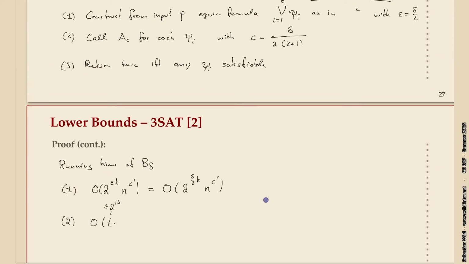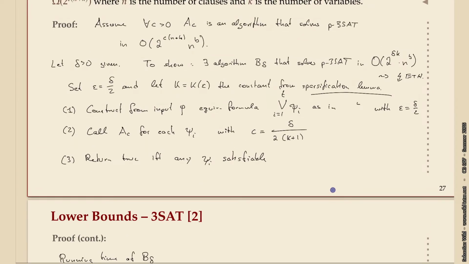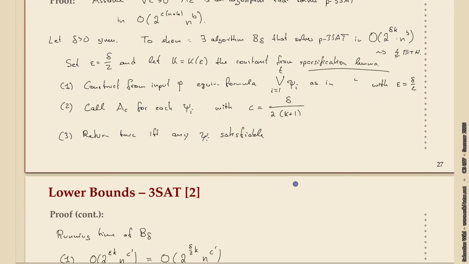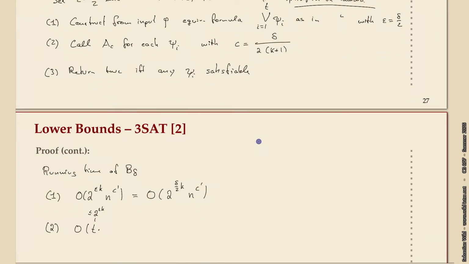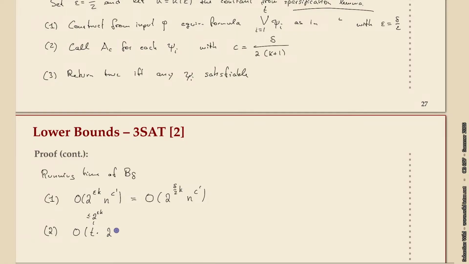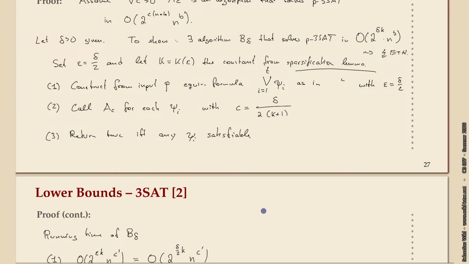And the time for each call on psi i is the time for A_c. That was by assumption this lovely term: 2 to the c times n plus k, and then a polynomial factor. That was this bit.